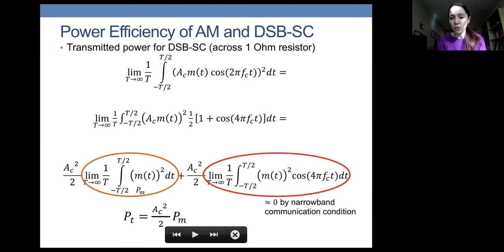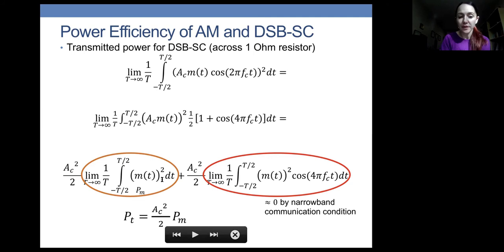If you integrate the cosine over a period, you will get 0. Since the message is very narrowband with respect to the cosine, it's not really changing much, and the result is close to 0. This is the narrowband condition.